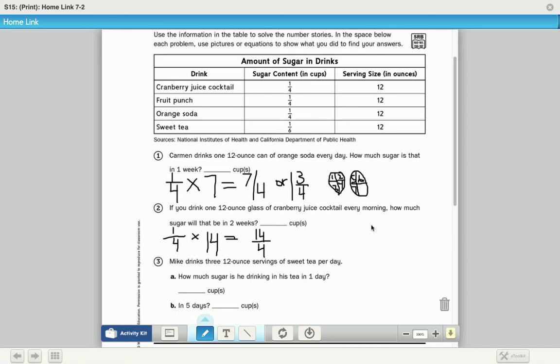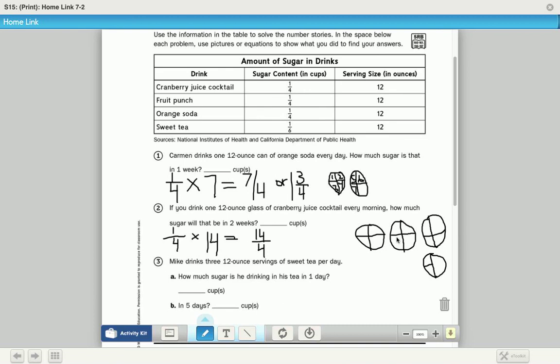If you did the picture, then we'd have, I'm not going to write the numbers in, we have 4/4, 8/4, 12/4, and then we'd have 14/4. I'm only going to draw the 2 in there for that one.